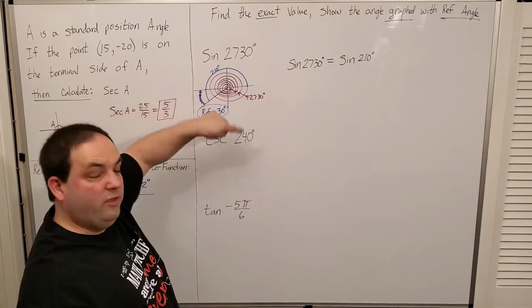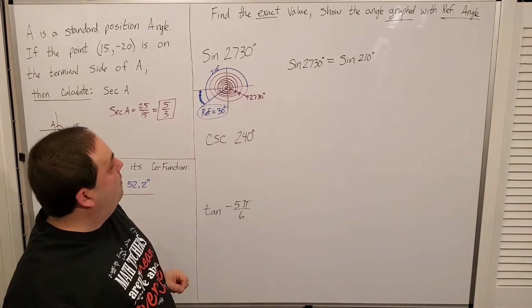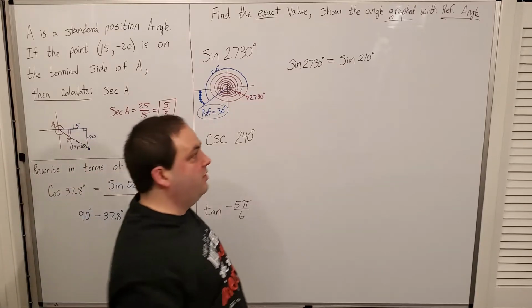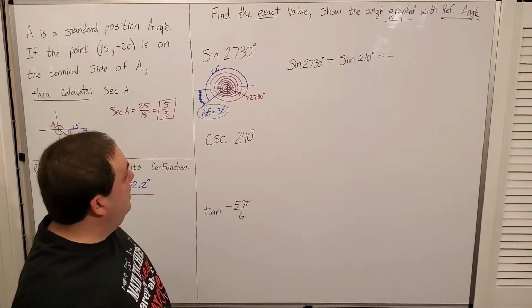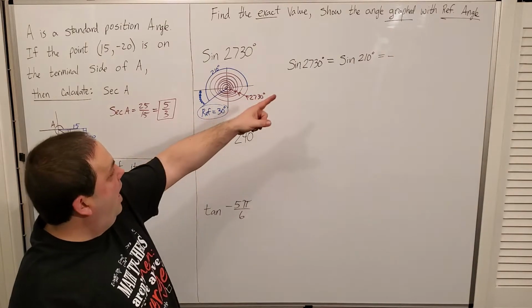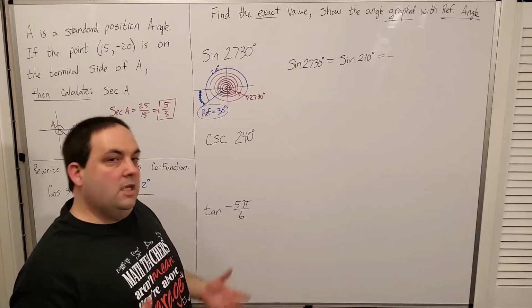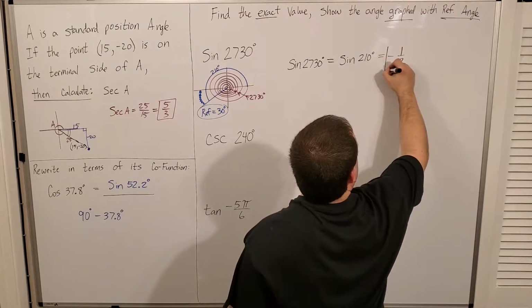It's also coterminal with however many other times it goes through that thing. But the 210 is the one I'm concerned with. Since 210 is in quadrant 3, I know that this is going to be a negative answer. And then I just need to know the size. Well, the sine of 30 degrees is 1/2. So there's my final answer.